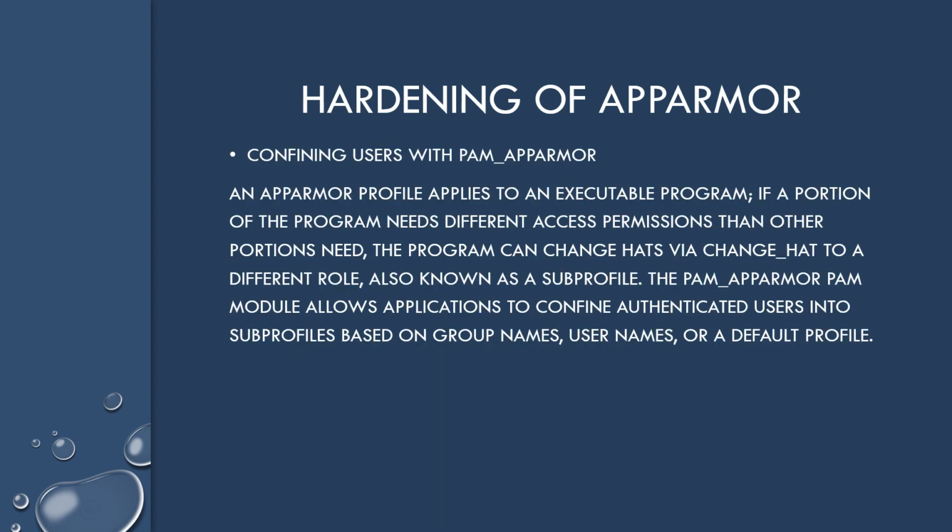The third hardening of AppArmor is called confining users with PAM AppArmor. An AppArmor profile applies to an executable program. If a portion of the program needs different access permissions than other portions need, the program can change hats via ChangeHat to a different role, also known as a sub-profile.